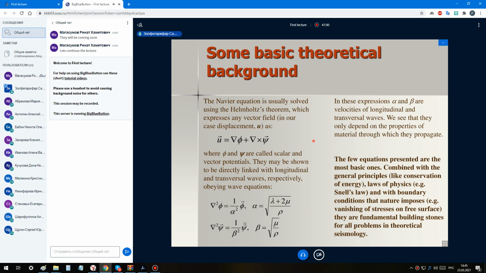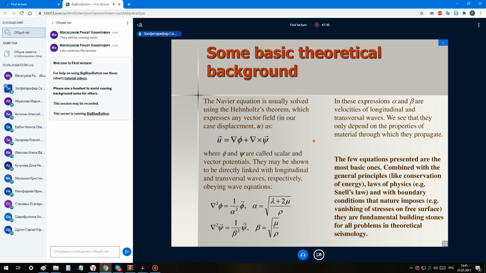The Navier equation is usually solved using the Helmholtz theorem, which expresses any vector field, in our case displacement u, as this equation: u vector equals gradient of phi plus curl of psi, where phi and psi are called scalar and vector potentials.